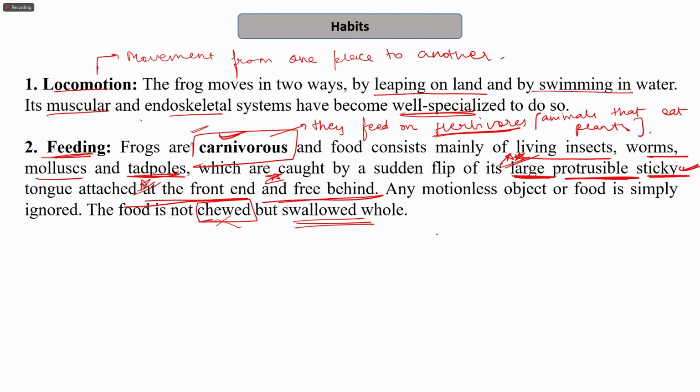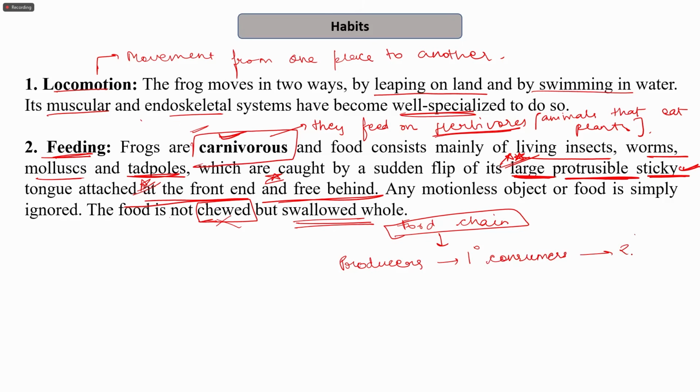You may be asked a question: the frog belongs to which category? When we talk about the food chain, where can we place the frog? In the food chain, firstly there are the producers that produce their own food. Then we have primary consumers, which are usually the herbivores.